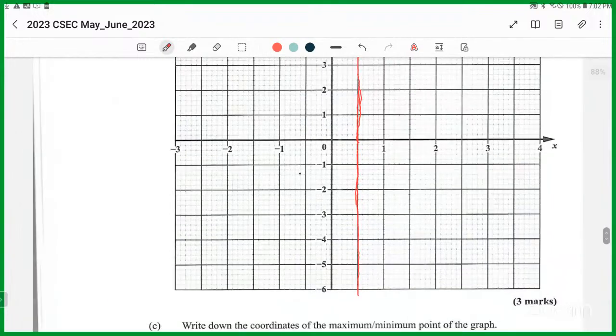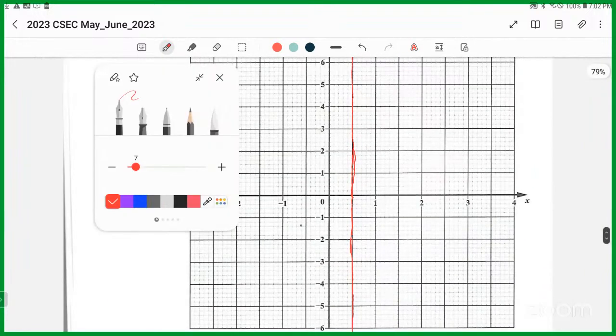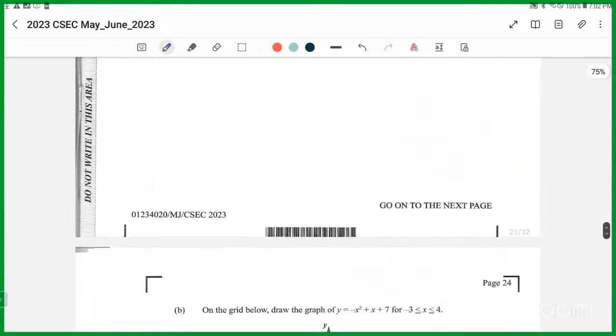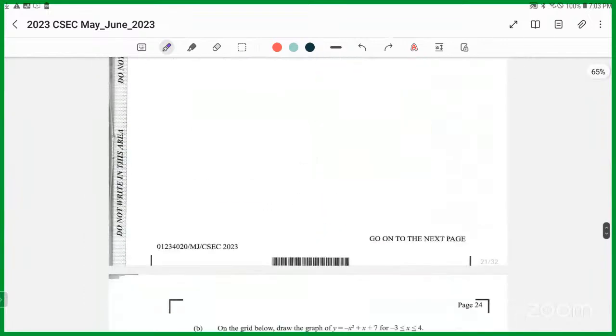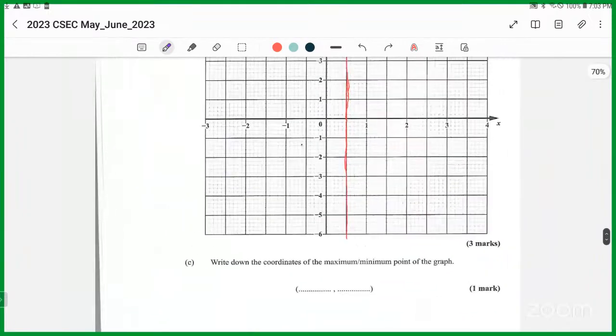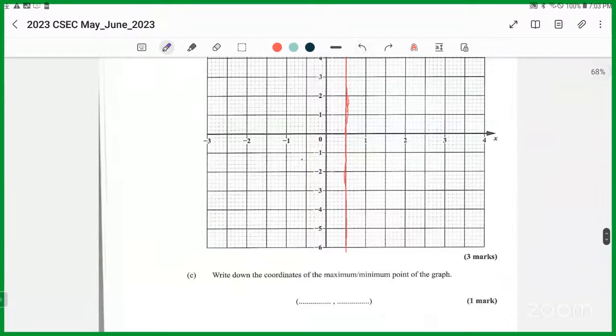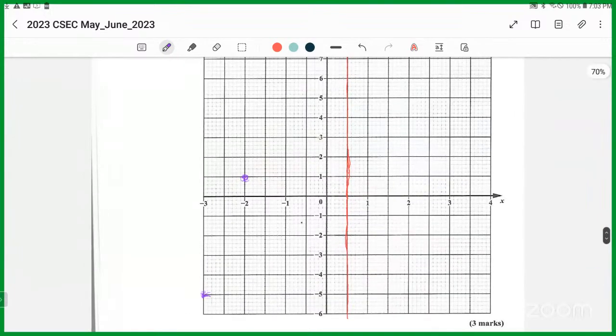All right, let's plot them in bunches, multiple at a time. Starting at -3, the values are -5, 1, and 5. First three values. -5 down here, 1 is the next one, right here, and 5 is the next one up here.